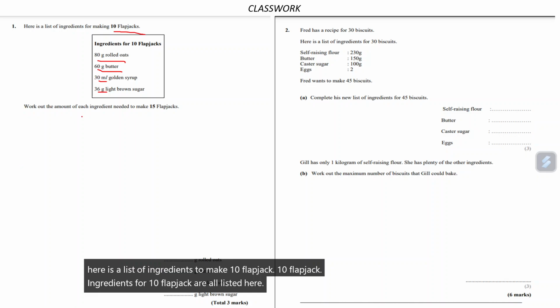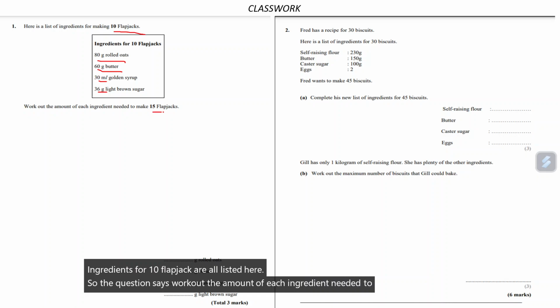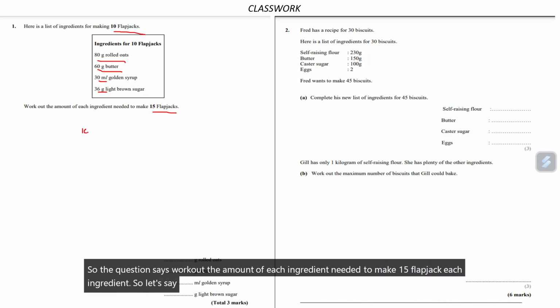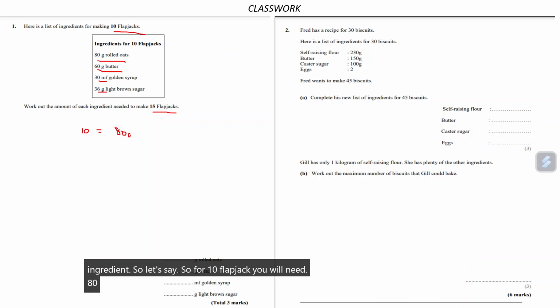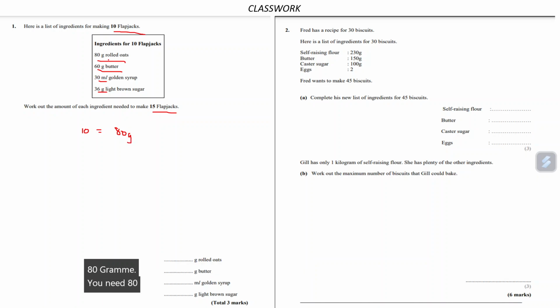The question says, work out the amount of each ingredient needed to make 15 flapjacks. So for 10 flapjacks, you will need 80 grams of rolled oats.